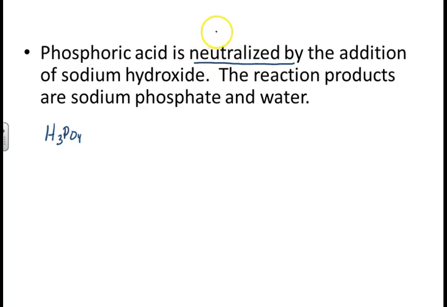This is another way of saying reacts with. That's a plus. The addition of sodium hydroxide, NaOH. The reaction products, so they produce sodium phosphate and water.